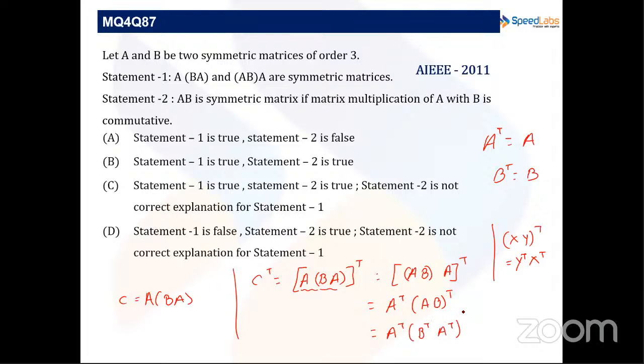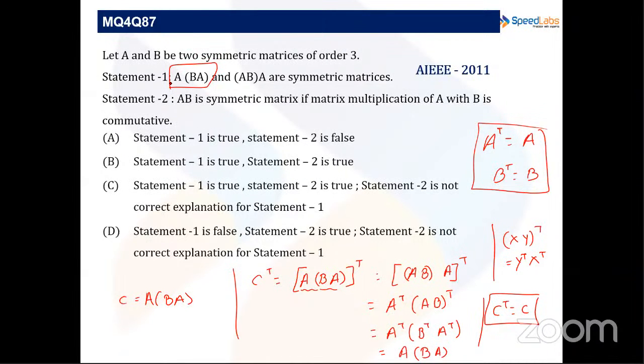Now since it is given that A transpose equals A and B transpose equals B because they are symmetric, this implies that it will be equal to ABA. So we can see that C transpose is equal to C. So ABA is a symmetric matrix. So our statement 1 is true.